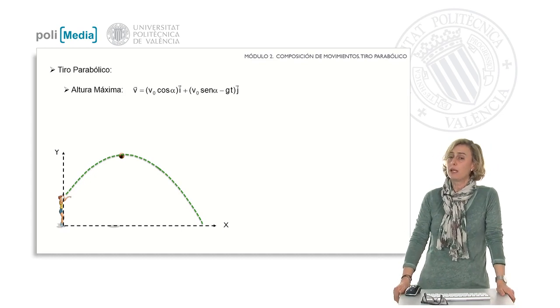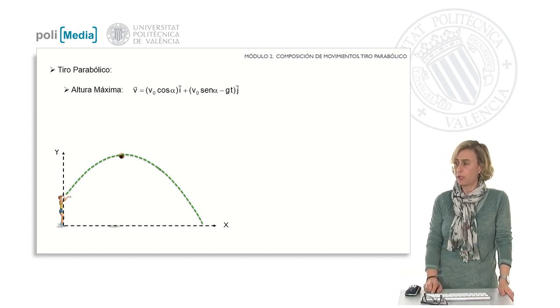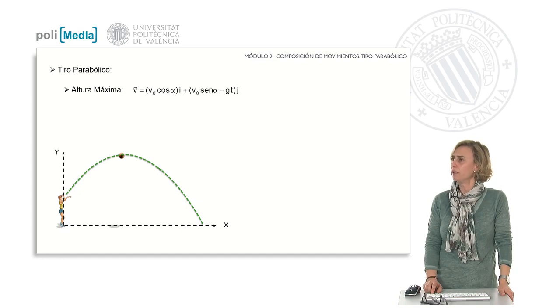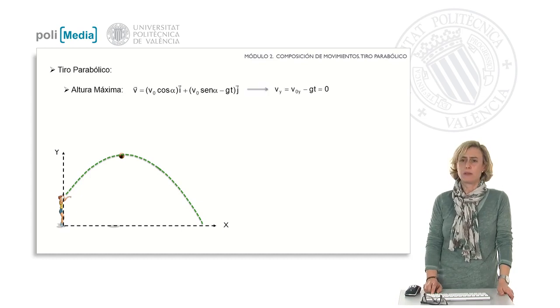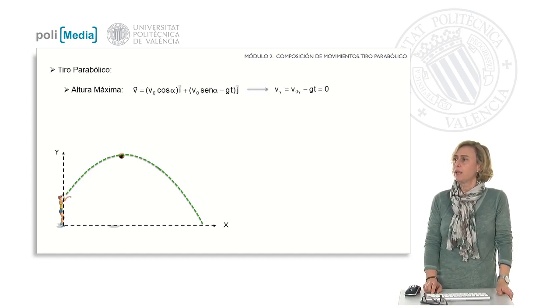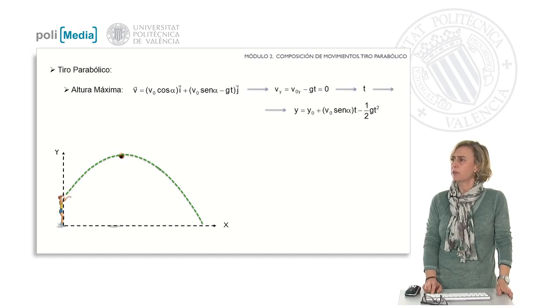For that, the condition we must impose is that the y component of the velocity is 0. From that expression, we calculate the time and substitute the value we obtain in the expression of y, finally obtaining the maximum height.